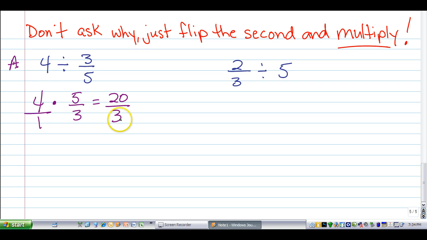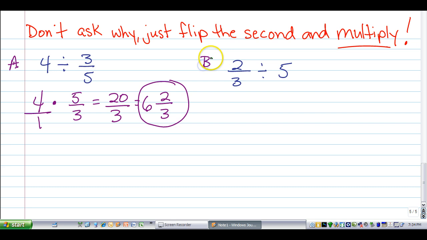So I say to myself, how many times does 3 go into 20? 3 can go into 20 6 times. 6 times 3 is 18. And there's 2 left over, and the denominator stays the same. So there's my final answer to 4 divided by 3/5.